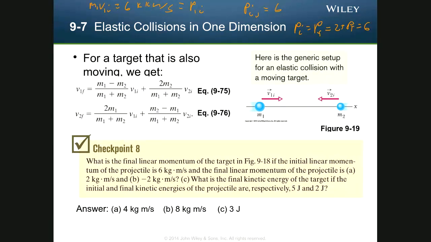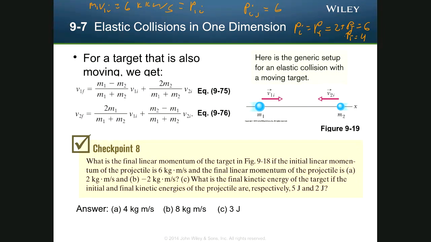If we solve for PT, it's going to equal 4. Ta-da! And you'll notice that part B is pretty trivial. You just turn this 2 into a minus 2, solve for PT again, and you get 8, right?